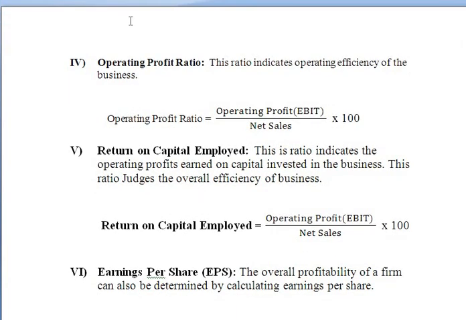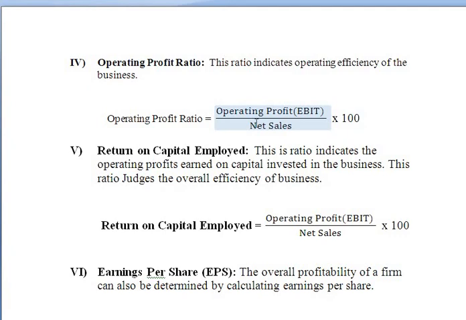The formula is operating profit divided by net sales. Operating profit is also called EBIT, earning before interest and tax. So EBIT divided by net sales into 100 is the operating profit ratio.